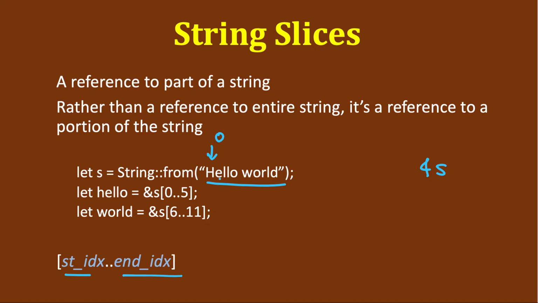So this is 1, 2, 3, 4, and 5 is this space. So we add one extra element here. So 5 is denoted here, but it will mean 1 minus that. So this slice would include these 5 characters. So hello will include H E L L O.